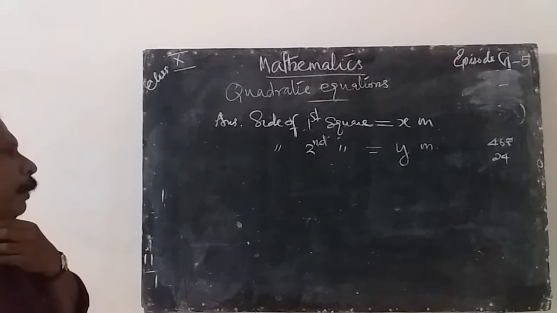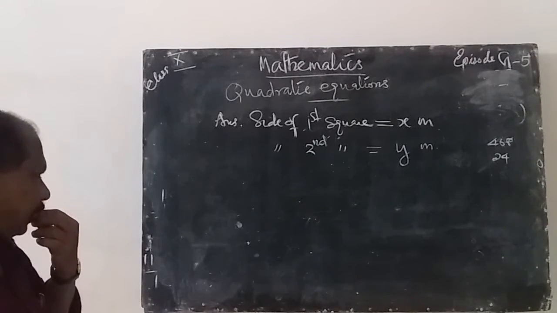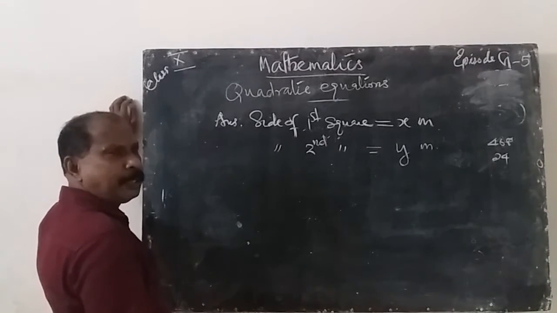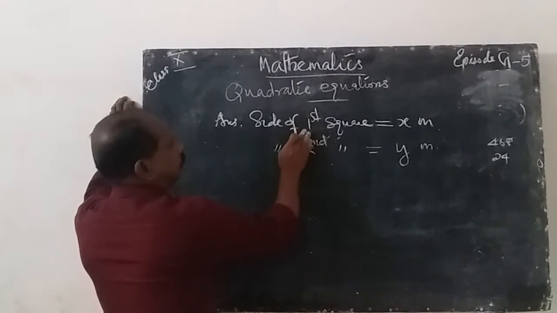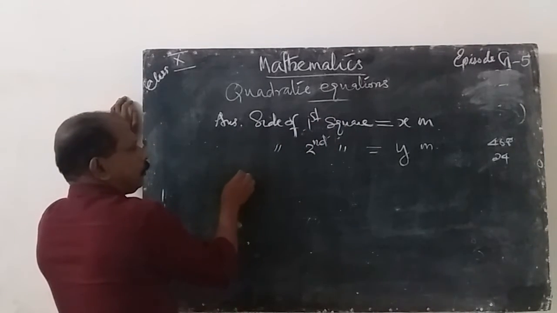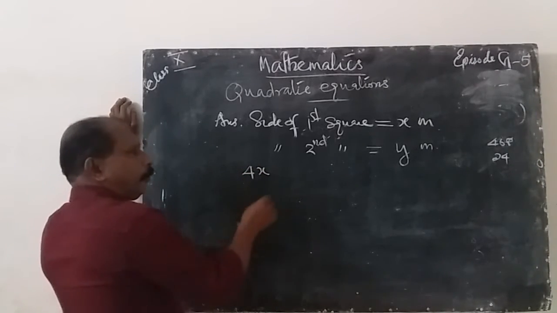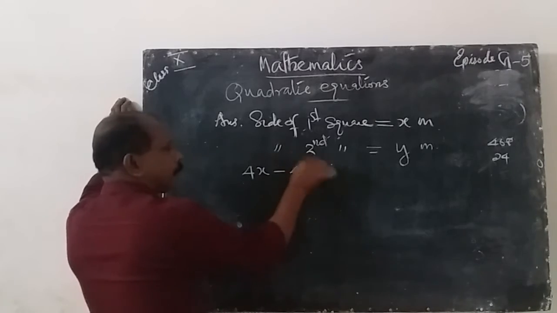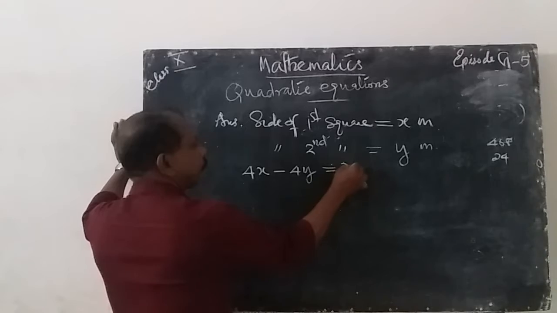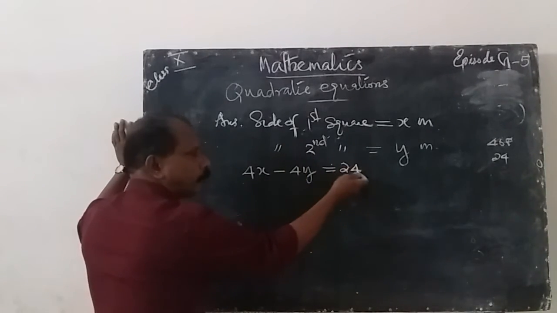Then difference of the perimeter is difference between larger and smaller. Larger 4x minus 4y is equal to 24. Shifting 4y to right, 24 to left.